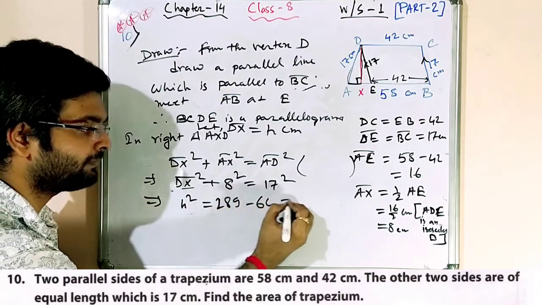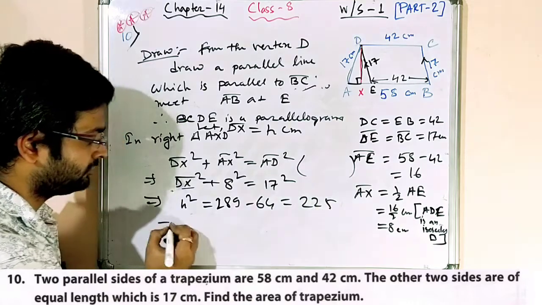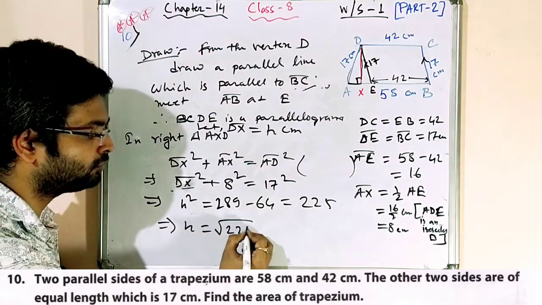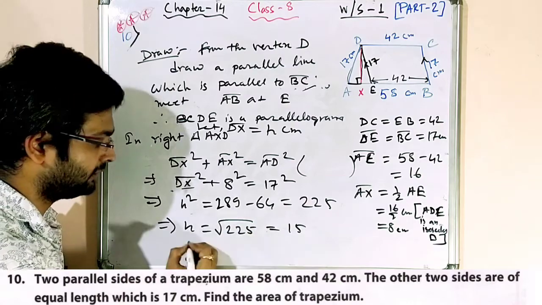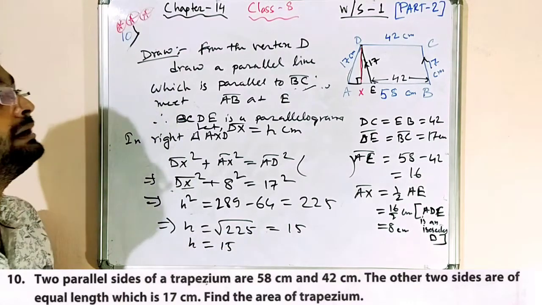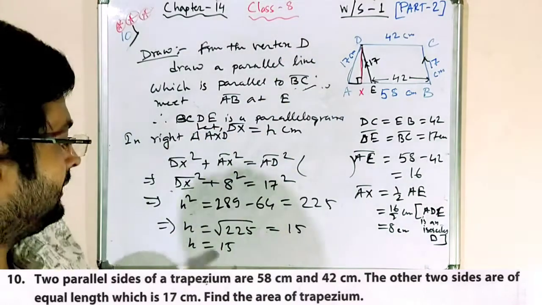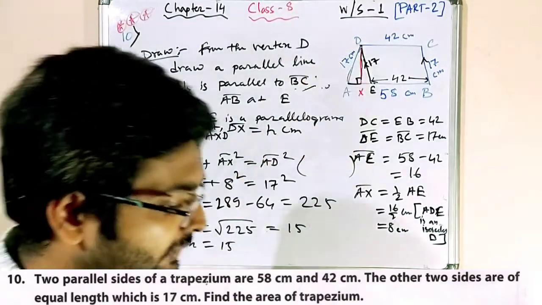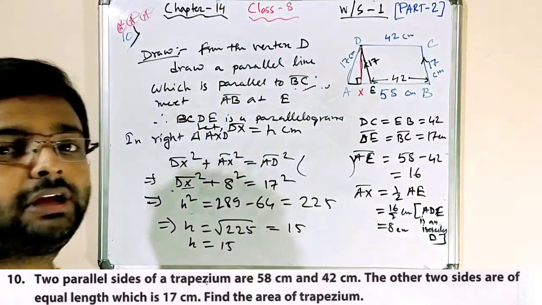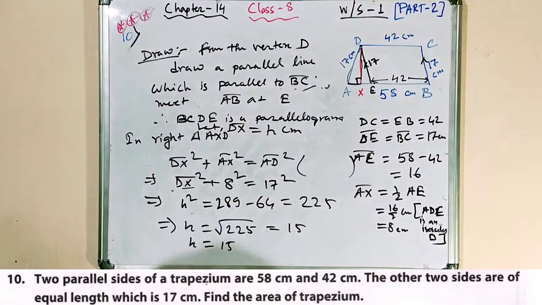Minus 64, that is 225. So h equals root of 225, which is 15. So the h value is 15, the height is 15. So I am going to rub this. Students, if you want to take a snapshot or screenshot, you can take it.